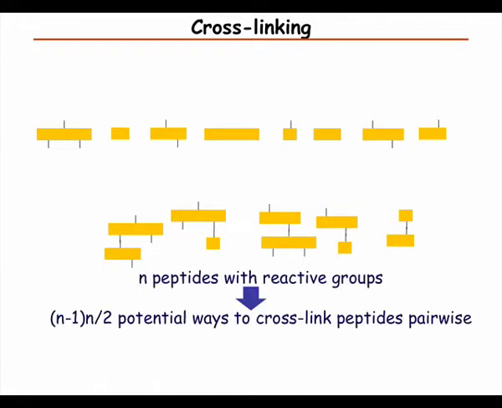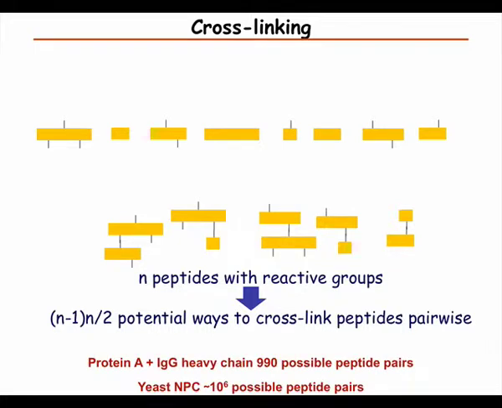If we have n peptides with reactive groups, it's roughly of the order of n squared possibilities. For example, if we look at protein A and IgG heavy chain, there are 990 possible peptide pairs. But if we look at the yeast nuclear pore complex, there are a million possible peptide pairs.